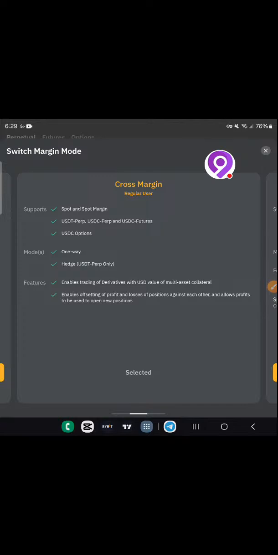Trading is not about the best thing. Trading is about what works for individuals. Cross might work for me and isolated might work for you. So that's how trading works. Put both of them into practice, then you will understand what works for you. That's just the way it is.